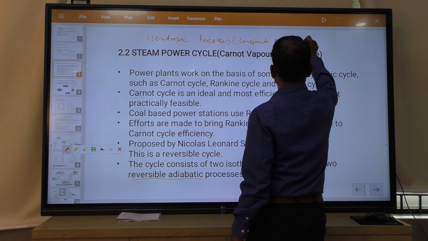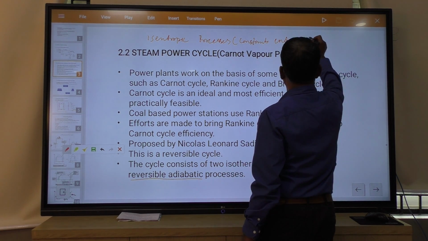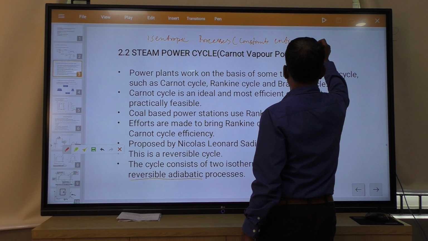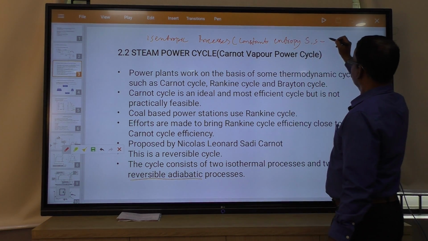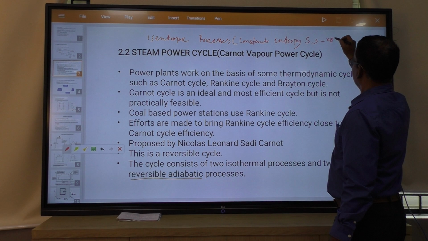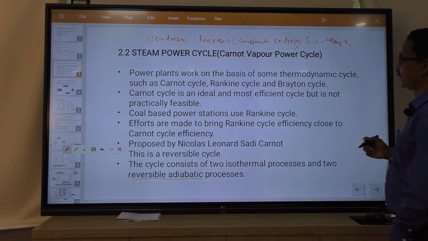Entropy is a thermodynamic property. Symbol is capital S, or specific entropy small s, and the unit, you know, is kilojoule per kg Kelvin. So, this is the unit of entropy.